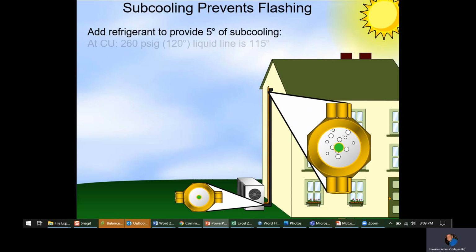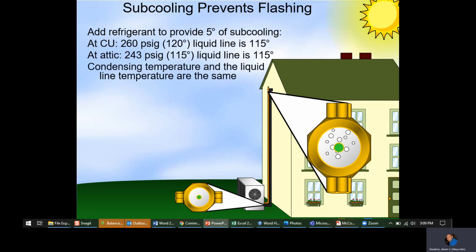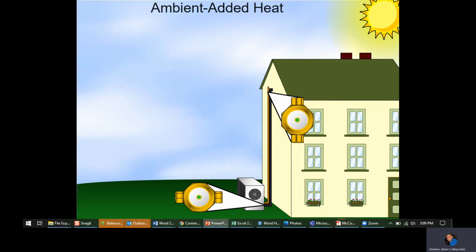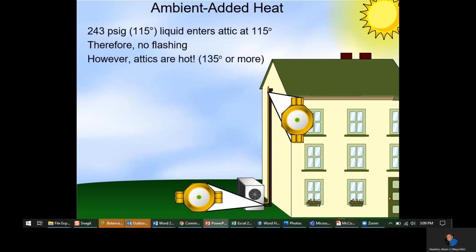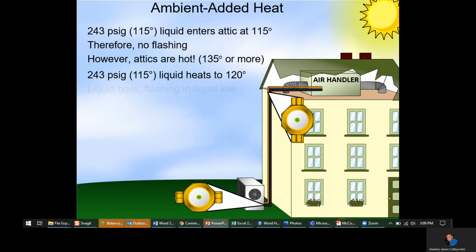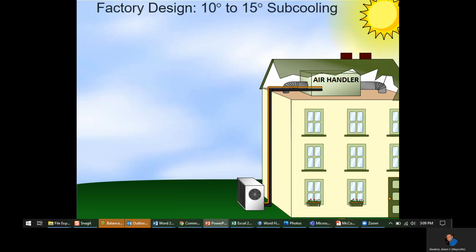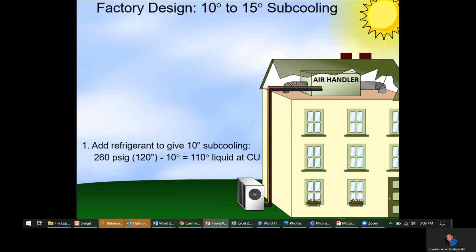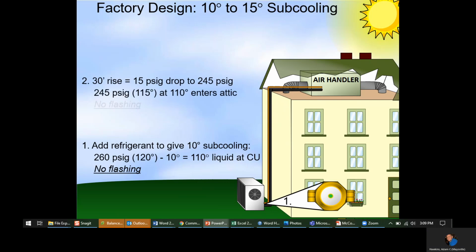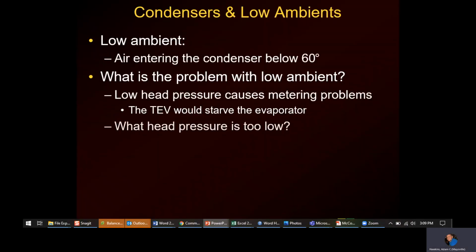Now that vapor is going to enter your TXV, and it's going to cause it not to operate properly. So that's why you need a little subcooling. It's just a long drawn out way of saying you need some subcooling.